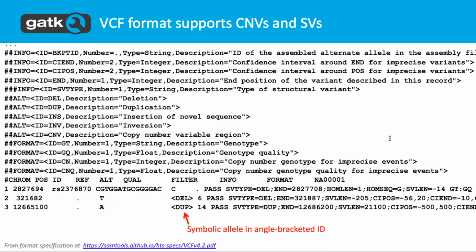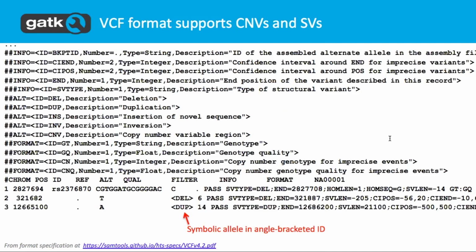You also have your reference allele, which in this case doesn't really tell you anything, but then you have the alternate allele that gives you the actual variation, and then the info field encodes what type of variation you have.